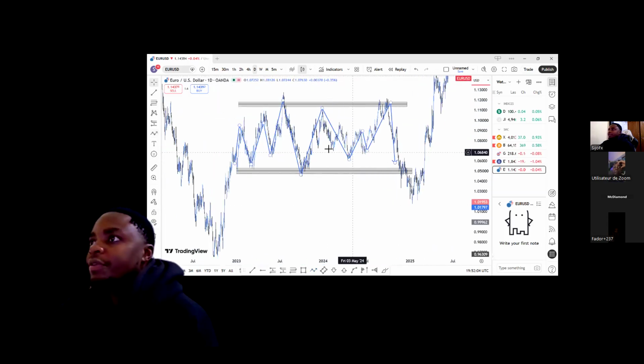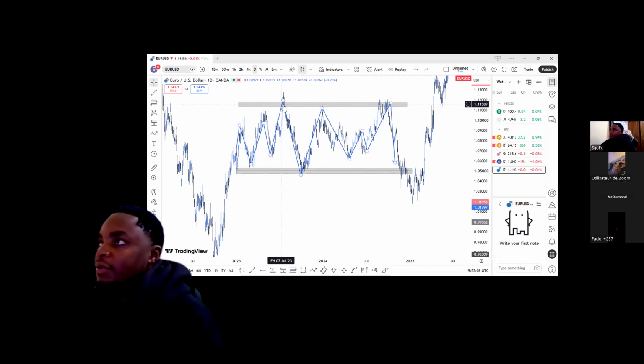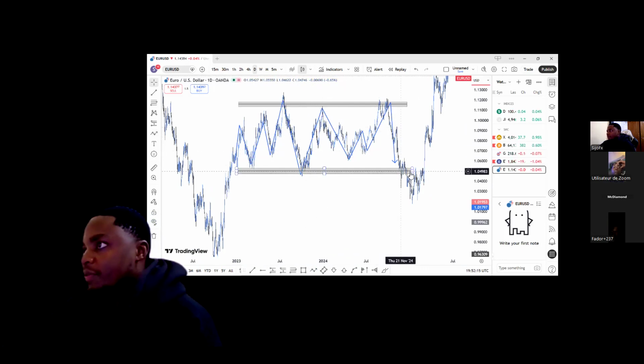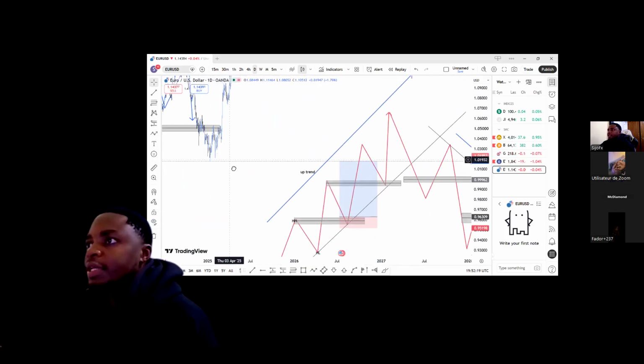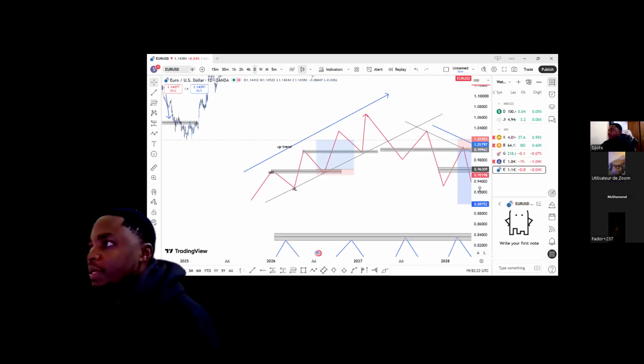So when the market is ranging like that, you sell from the resistance and you buy from the support until the range is broken. That's just a simple example of a ranging market.